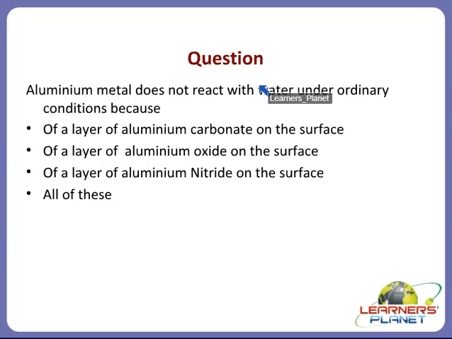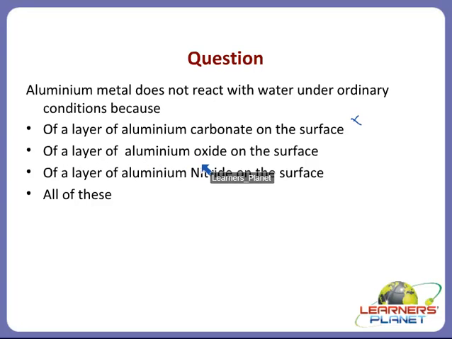Aluminium metal does not react with water under ordinary conditions because we know that aluminium reacts with air and forms a layer of oxide. Is it because of a layer of aluminium carbonate on the surface? No, aluminium does not react with carbon dioxide of air, so this is wrong.